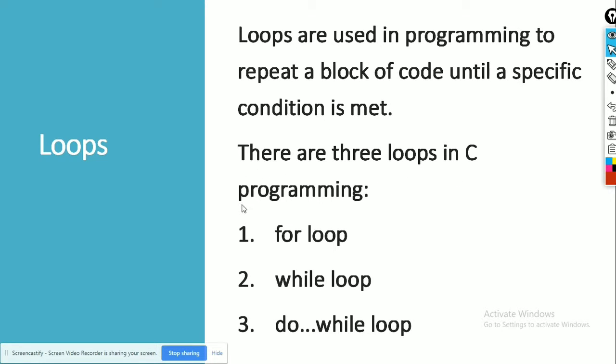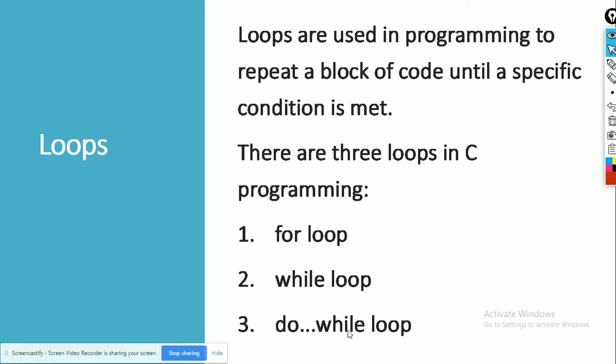There are three types of loop in C programming: for loop, while loop, and do while loop. For loop is used when you know the exact number of iterations, or when you know exactly how many times you want to execute the set of statements. While loop is used when you don't know the exact number of iterations or you want to take a decision based upon certain condition.